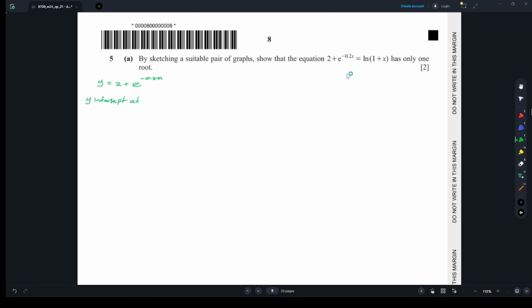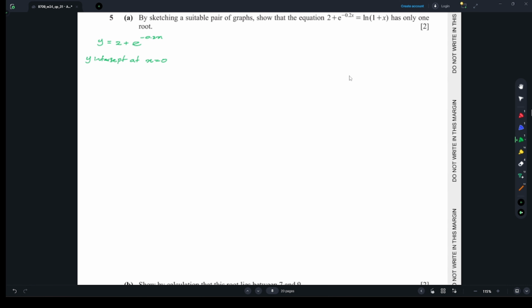At the y-intercept, x equals 0. So you can just substitute: y equals 2 plus e to the power 0, which is 1. Therefore, the y-intercept is at 3.